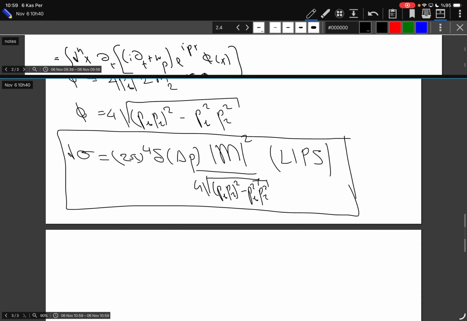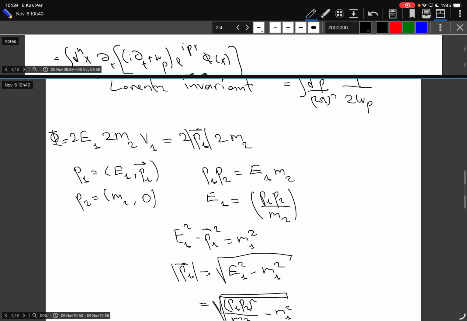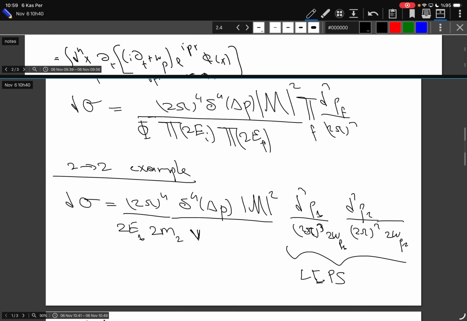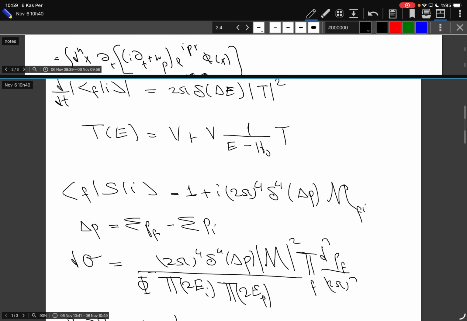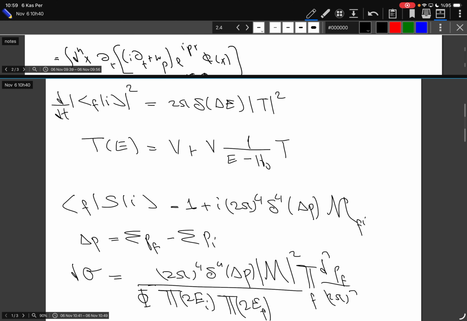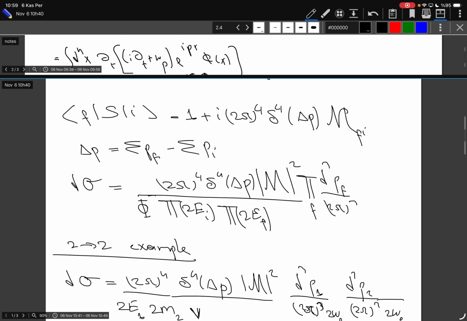So any questions here? You see, what we had done is I just identified the transition matrix element, separating out the energy momentum conservation. It will always be there. And then the scattering cross-section will be the transition matrix element without the energy momentum conservation, squared.